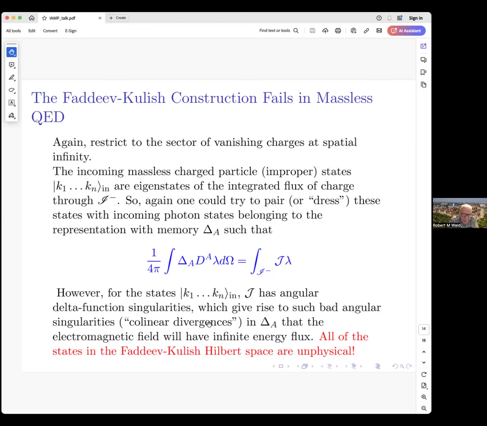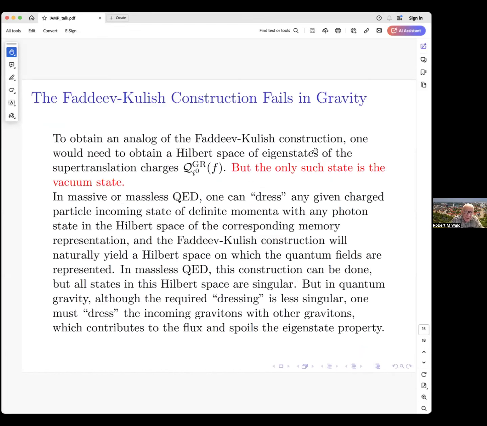Yang-Mills fields have similar behavior with the nonlinearity. The current produced by the nonlinearities has similar collinear divergences. So this Faddeev-Kulish construction does not work in massless QED.